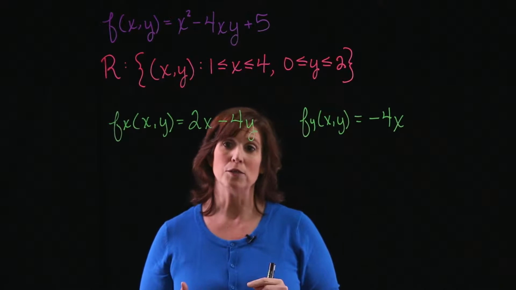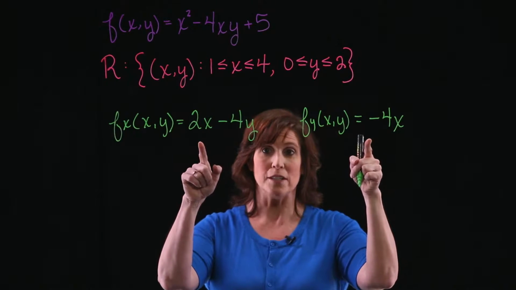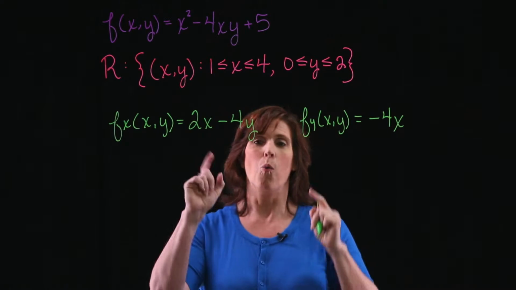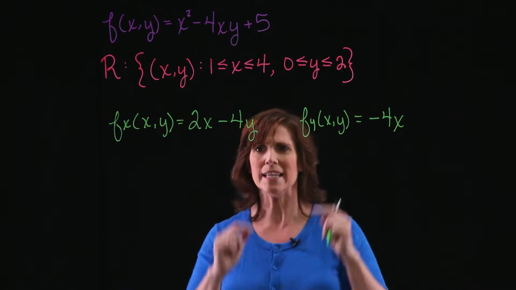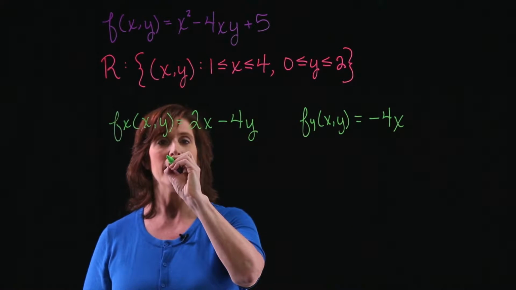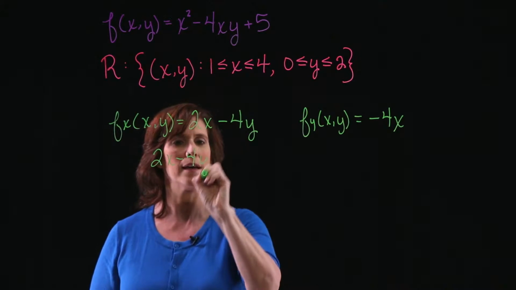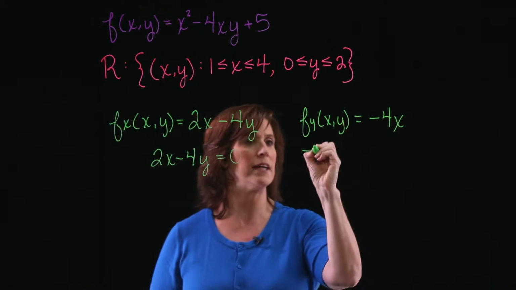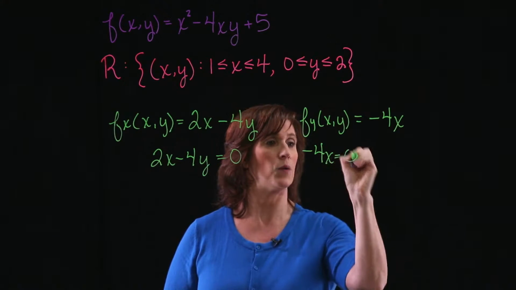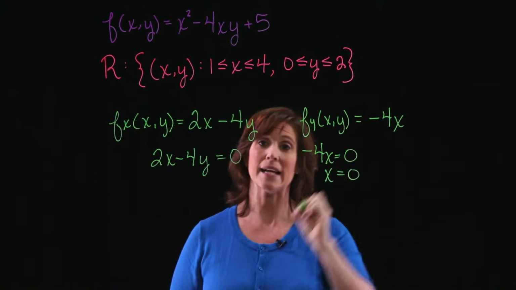Now, for a critical point to exist, one of two things has to happen. Either both of these are 0 or one of them is undefined. Well, I can see that neither of them will be undefined, but let's see what happens when they equal 0. So I have 2x minus 4y equals 0 and minus 4x equals 0. If minus 4x equals 0, that means that x equals 0.